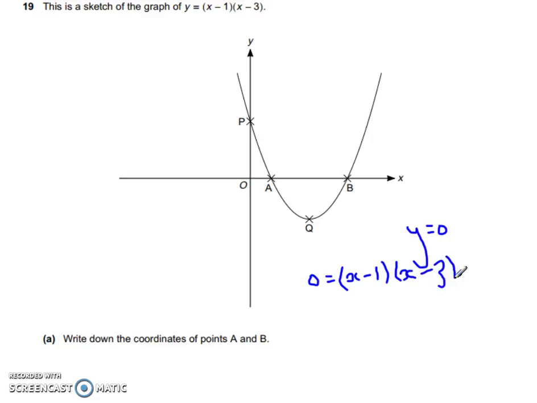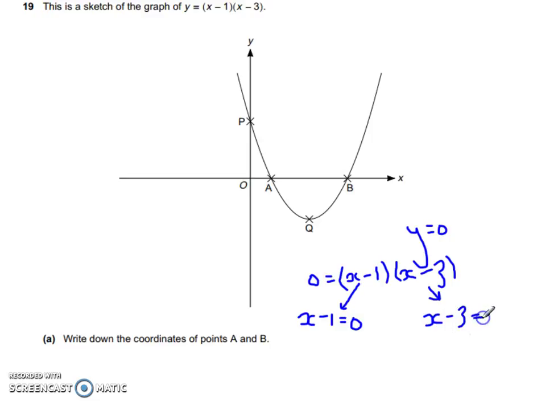And for anything to times together and give you 0, one of these two must be 0. So what that means is I can have x take away 1 equals 0, and then I could also have x take away 3 equals 0.